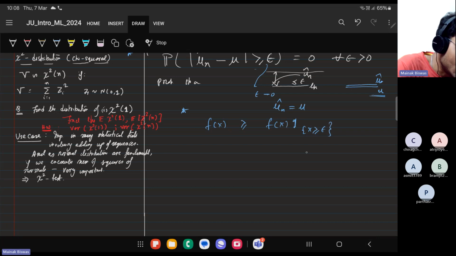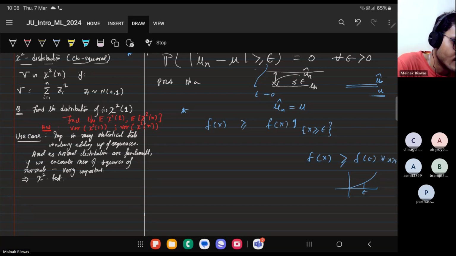So now do you also see that f of x is greater than f of epsilon for all x greater than epsilon? Why? Because it is a monotonic increasing function. A simple proof.